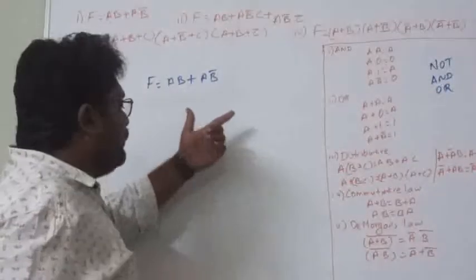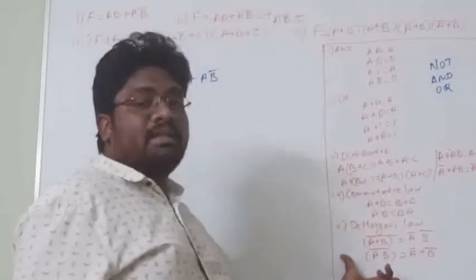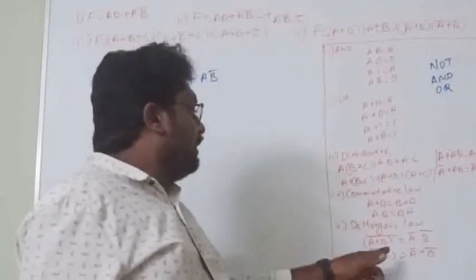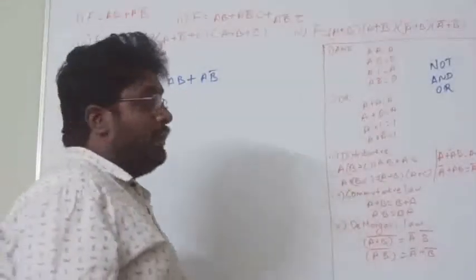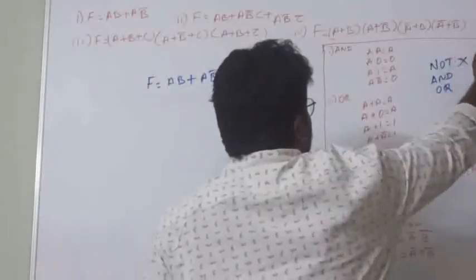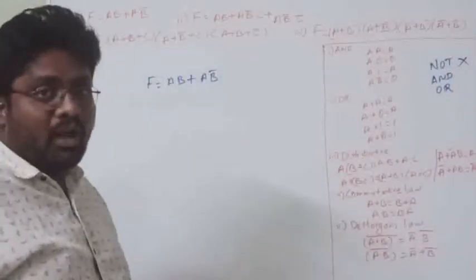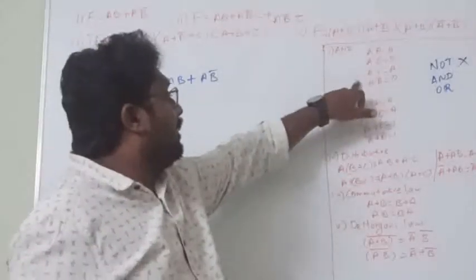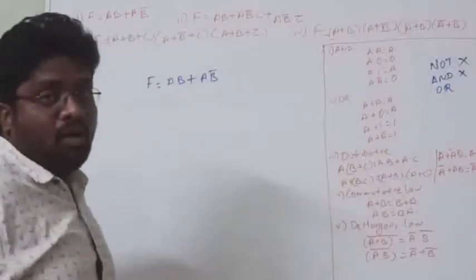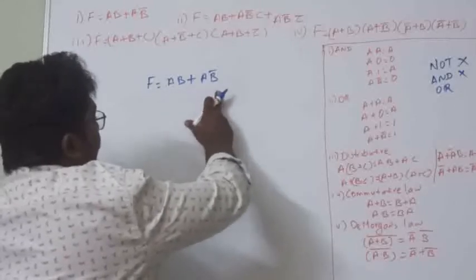If we observe De Morgan's theorem, which is a complement law, these cases are not present in the given expression, so we eliminate the NOT operation. The next priority is AND, and in this we do not have such operations, so finally we are left with the OR operations. So f equals AB plus AB bar.